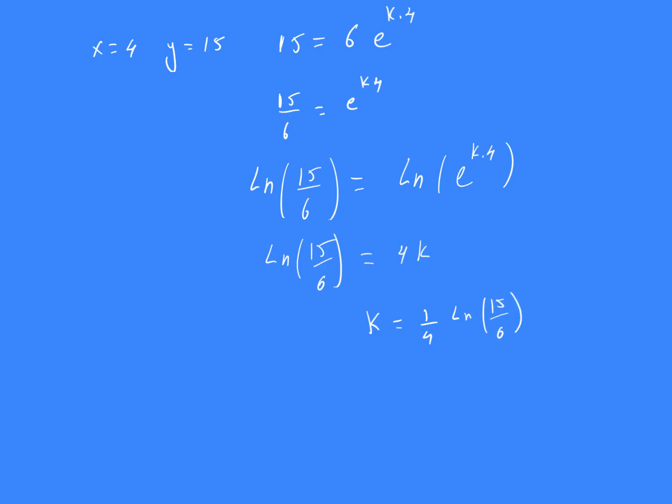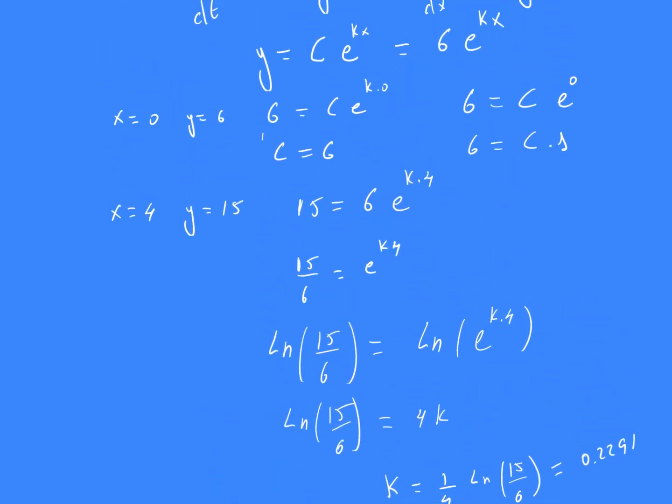If you use your calculator, k will be 0.2291. So the solution will be y of x equals c e to the kx, or y of x equals 6 e to the 0.2291x.